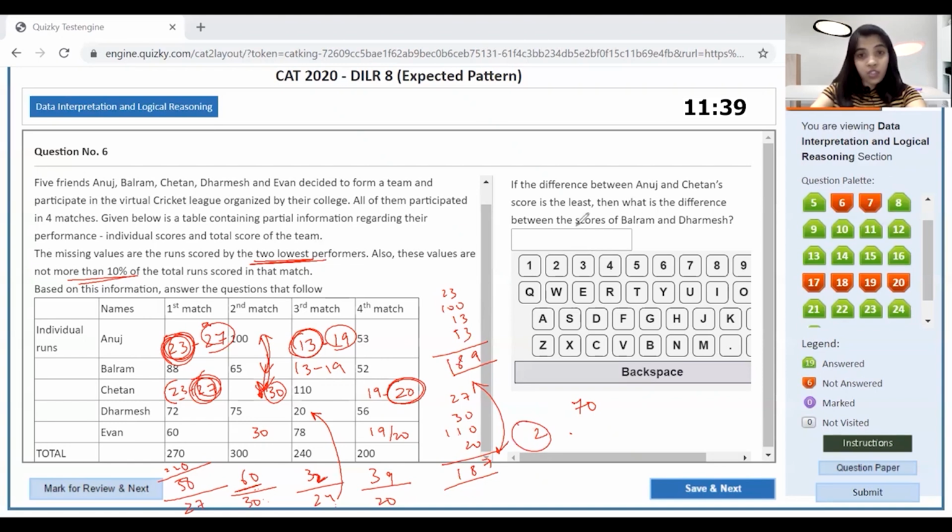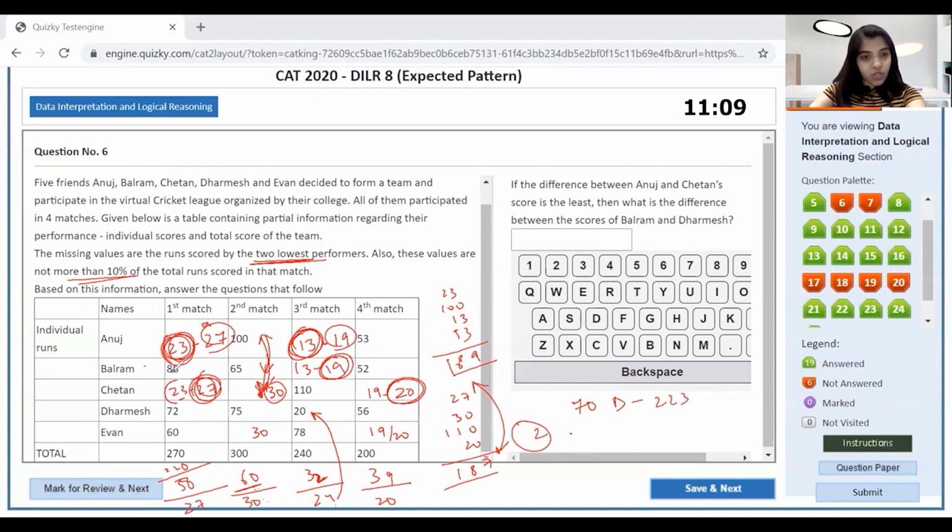Now they're not asking us this: what is the difference between the scores of Balram and Dharmesh? Now, if Anuj is 13, Balram is 19, and Dharmesh is absolutely fine. So Dharmesh's score is what? 70, 70, 140, 150, 160, 210, 210, 221, 223.